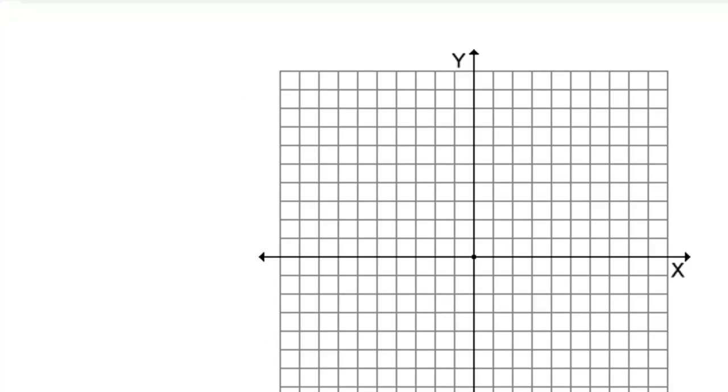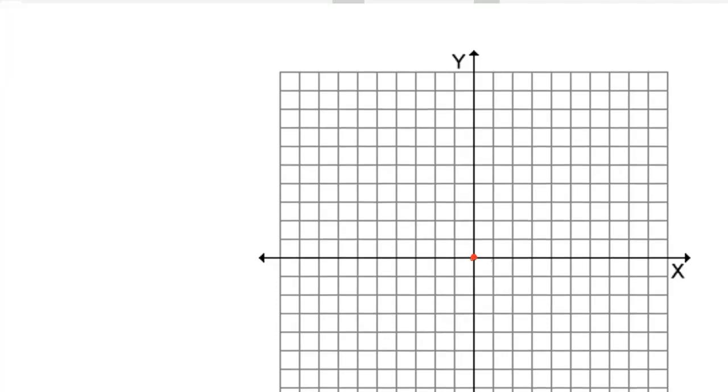We'll start at the origin, just for the sake of convenience, and let's say it moves over 3 in x, so 1, 2, 3 in x, and 4 in y. 1, 2, 3, 4 in y. And so we have this vector that moves just like this, over 3 in x and up 4 in y.